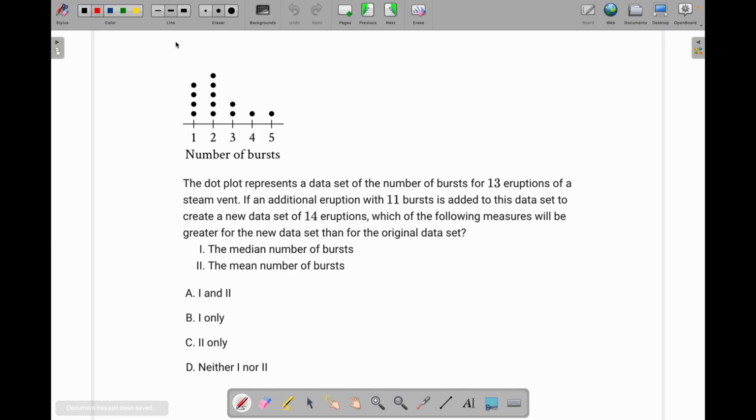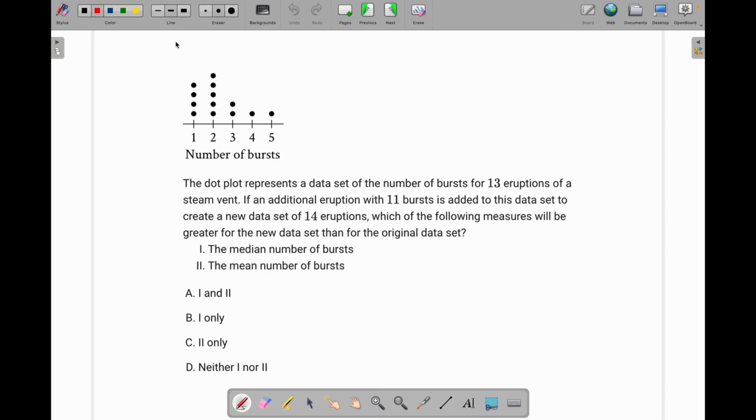The dot plot represents a data set of number of bursts for 13 eruptions. If an additional 11 bursts added to the set to create a new data set of 14 eruptions, which of the following measures will be greater for the new data set? Alright.